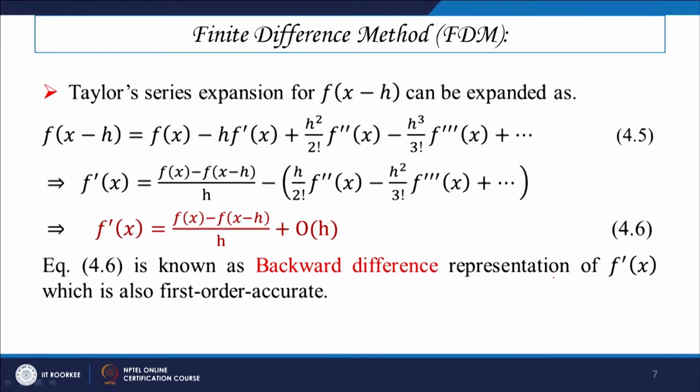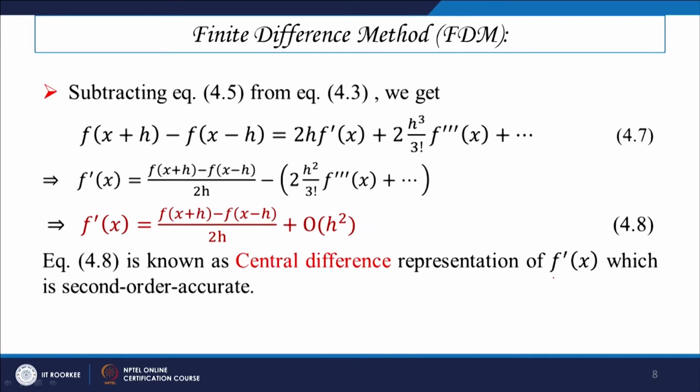So, if we go for this expansion, that is f of x plus h minus f of x minus h here, it can be represented as follows. Since we already have f of x plus h as f of x plus h f dash x plus h square by 2 factorial f double dash of x plus all other terms.